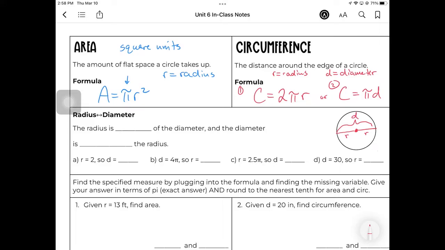Well, you can see it takes 2 of those radii to equal the diameter. So the radius is half of the diameter, and you can also think of the diameter as twice the radius. Or if I were to write this out in an equation, the radius equals half of the diameter, or the diameter is 2 times the radius.